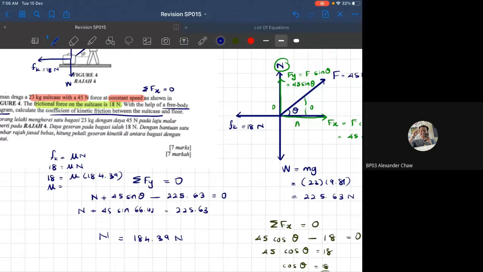Apa soalan dia, Miss? Berapa nilai mu kamu ni? What is the value, Alex?